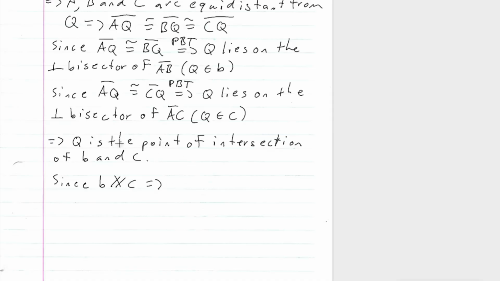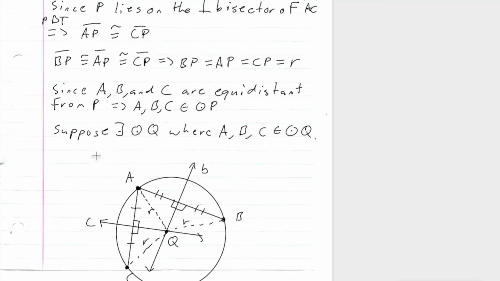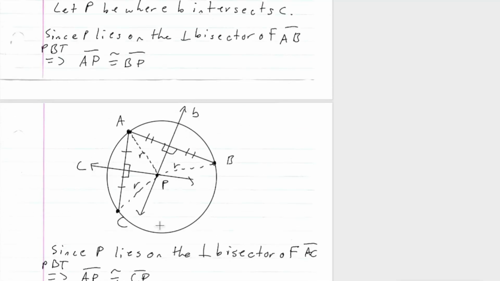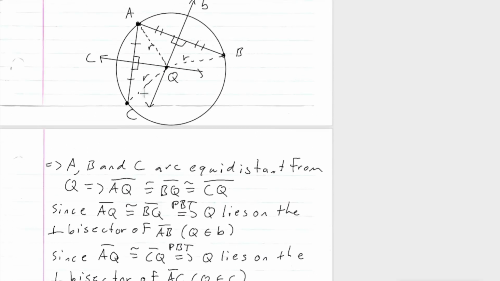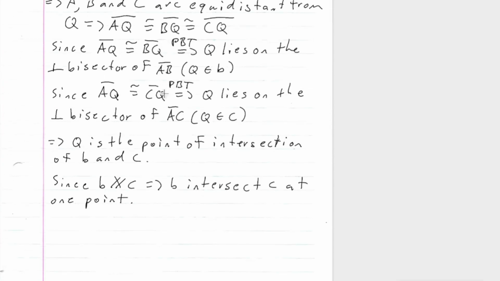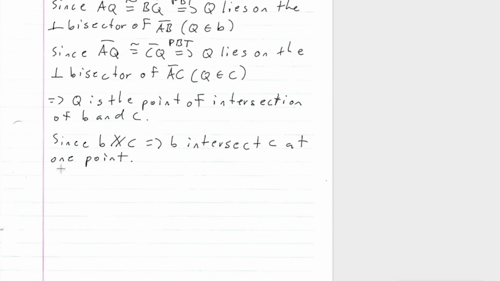This implies that they only intersect at one point, right? B intersects C at one point. And remember, above, we showed that these perpendicular bisectors intersect at P, and down here, we show that they both intersect at Q, but since they're not parallel, they only intersect at one point. So this implies that P must be the same point as Q, right?